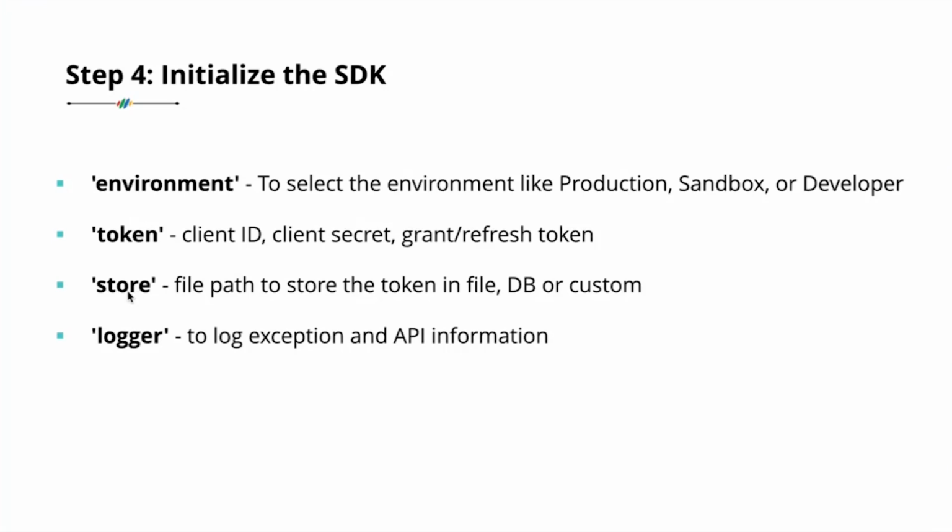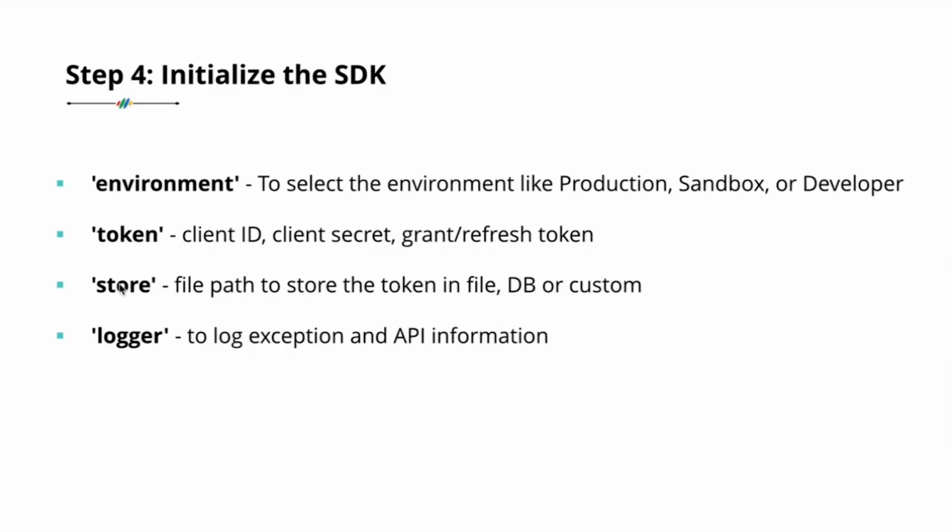Next is store. I said CRM APIs are authenticated using the OAuth 2.0 protocol, which means essentially every API call must be authenticated using an access token. So you need to generate a grant token first, and then through that grant token, you'll generate access and refresh tokens. Every API call must have the access token in its authorization, which means the SDK has to be able to store these tokens somewhere for it to be able to make API calls.